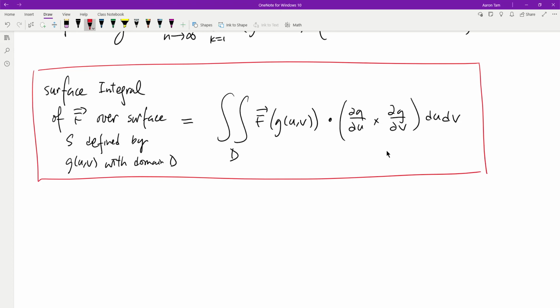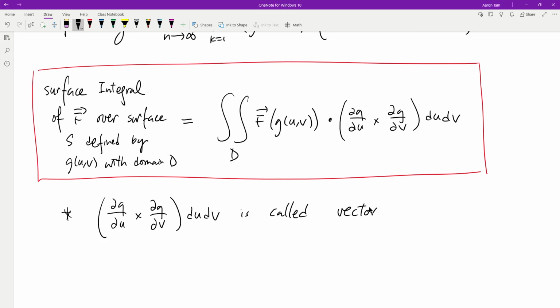Now, however, just like with line integrals, there are two other notations for this surface integral. But before we talk about that, I do want to point out that in this expression, dg over du cross dg over dv, du dv is actually called a vector surface differential.